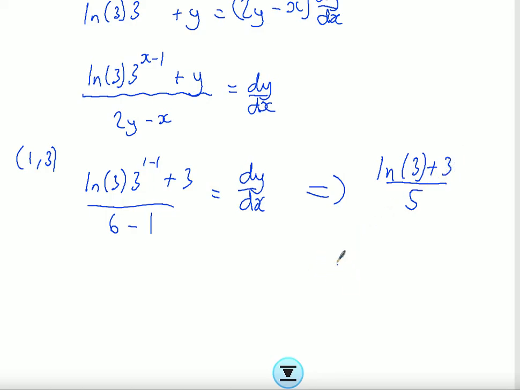So I'm going to rewrite this as ln 3 add ln e cubed, which I know looks a little bit mad, but hopefully you can appreciate that ln e cubed is still just 3.